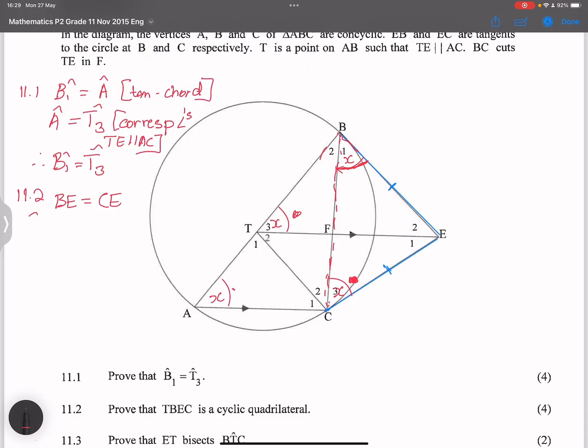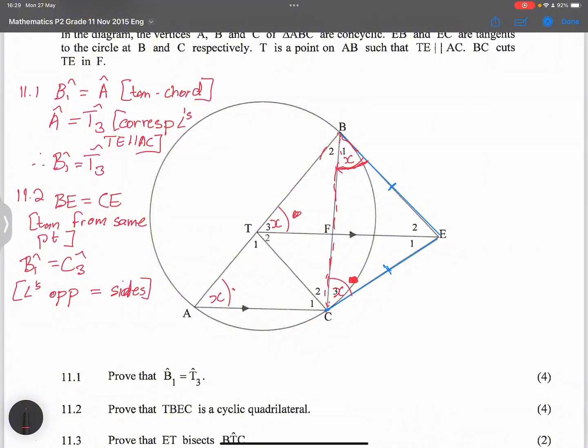These are tangents from the same point. And so we note that B1 is going to be equal to C3, and we say these are angles opposite equal sides. Another way you could have also said C3 is equal to A. That's the tan chord theorem again, so you could have used that as well.